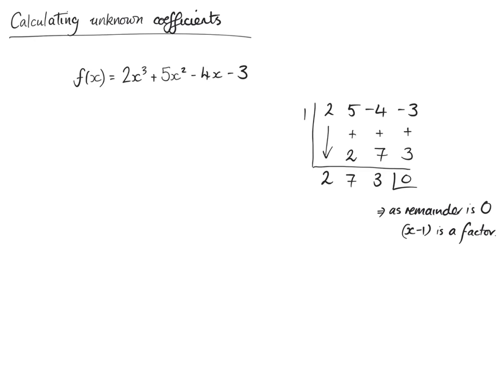So then we know we've got x minus 1 times 2x squared plus 7x plus 3. Okay, and we've already been given another factor in here, so we know that x plus 3 has to be our factor. So then we know that our other one's got to be 2x plus 1.